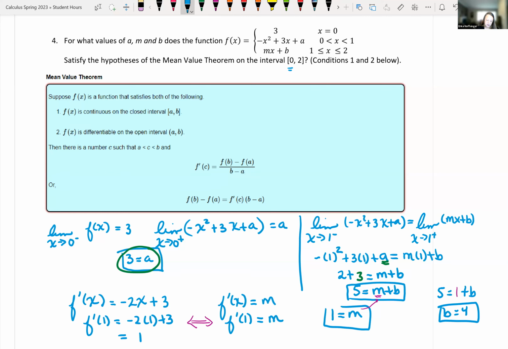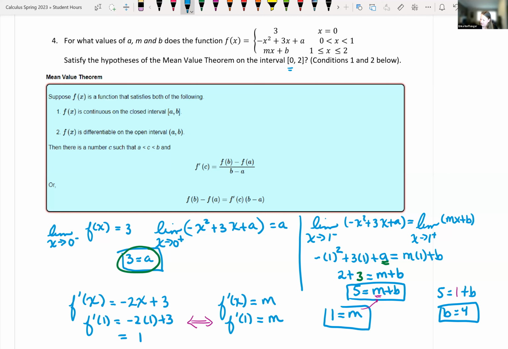So we found the three values, a, m, and b, to make the following conditions true, so that the mean value theorem held true.